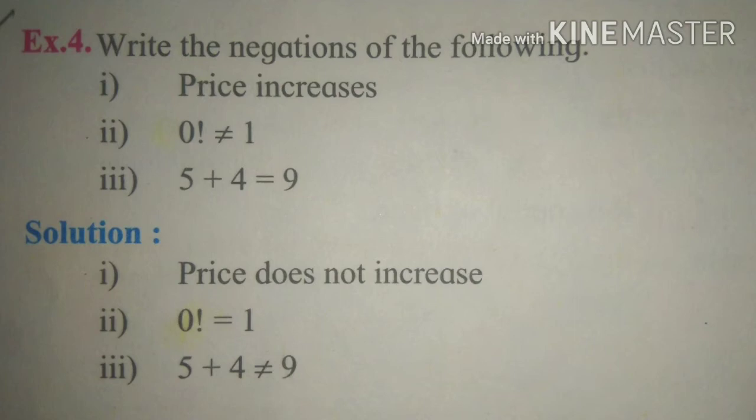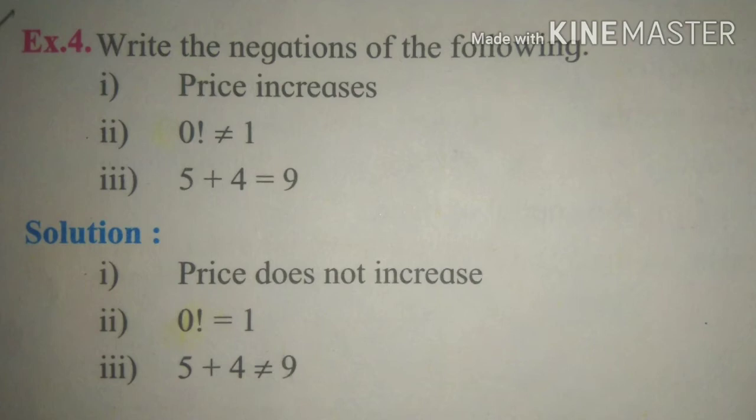The next exercise is write the negation of the following. First one, price increases. Write the negation, which is nothing but apply not to the given statement. So the answer is price does not increase. Second one, 0 factorial is not equal to 1.